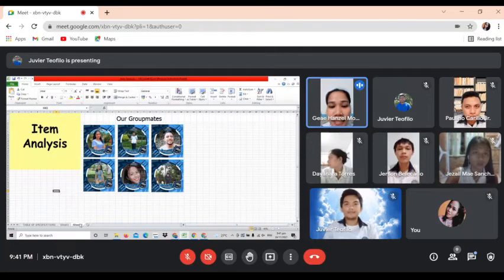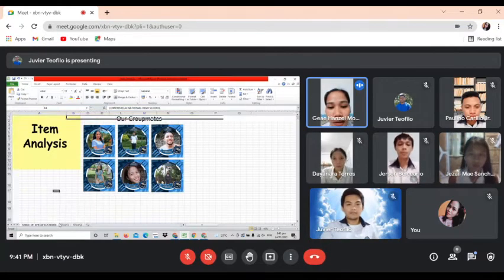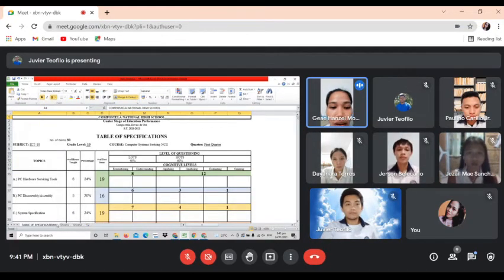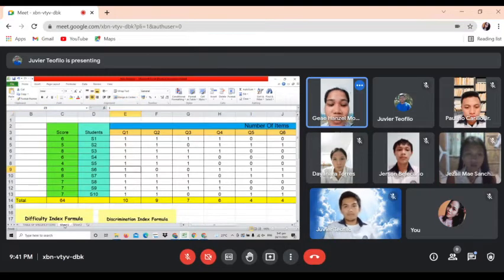So in this table, we could see how many students took the exam and what specific items they got right or wrong. We could also see their scores and the total number of items where they got the right answer.